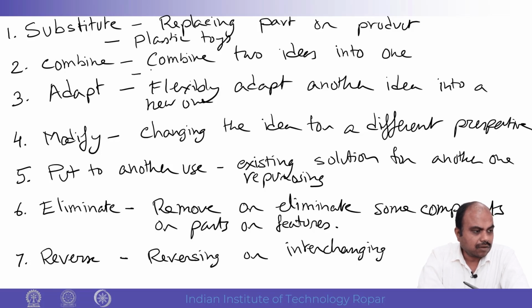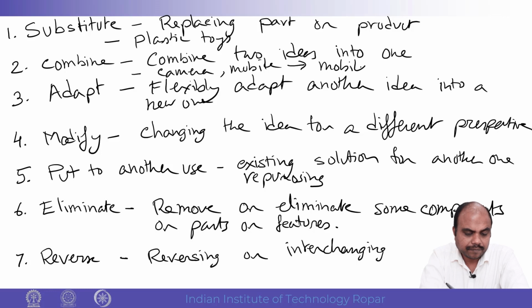Combining. So you can say that previously people used to carry a camera and a mobile. So now we have only mobile. So the camera is being combined with the mobile.